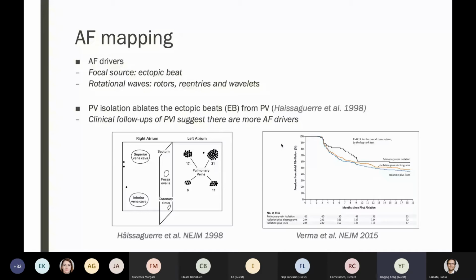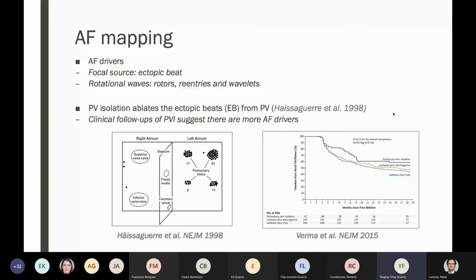In 1998, Professor Michel Haïssaguerre published a very well-known paper suggesting that ectopic beats mainly come from the pulmonary veins, and he established the PV isolation procedure to ablate the AF driver, and this has had a significant impact in the clinical society.